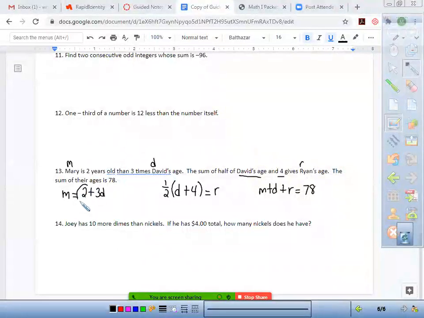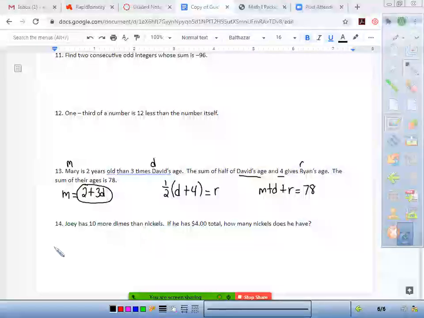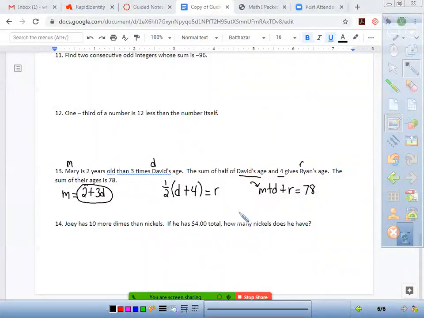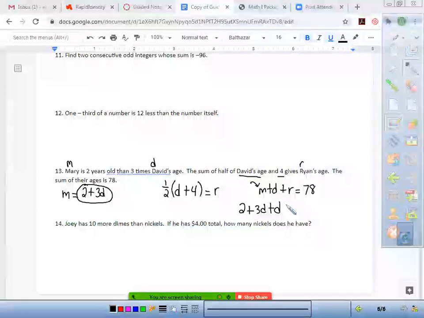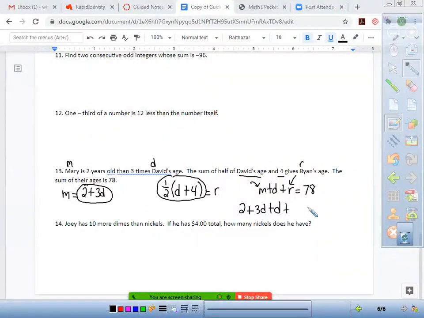Well, I can say this is Mary's age because it says M is equal to, right? So I can take that and put it right here for M. 2 plus 3D, put that in for M. Plus, I'm going to keep that D. Plus, this is what Ryan equals right here, so I can put that in for R. So that's going to be 1/2 parentheses D plus 4 equals 78.